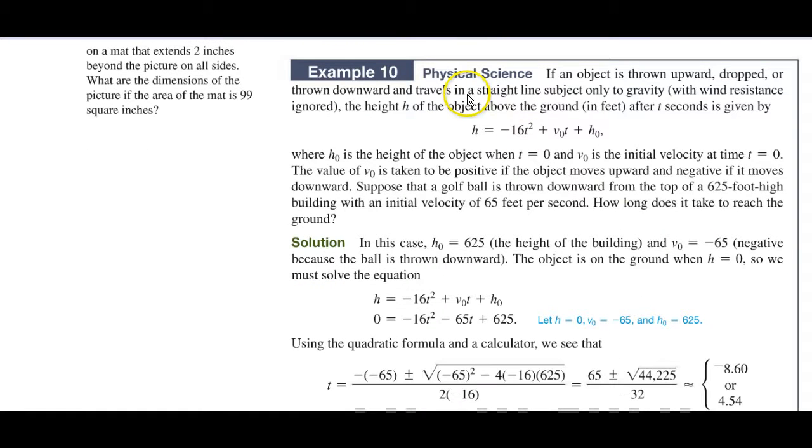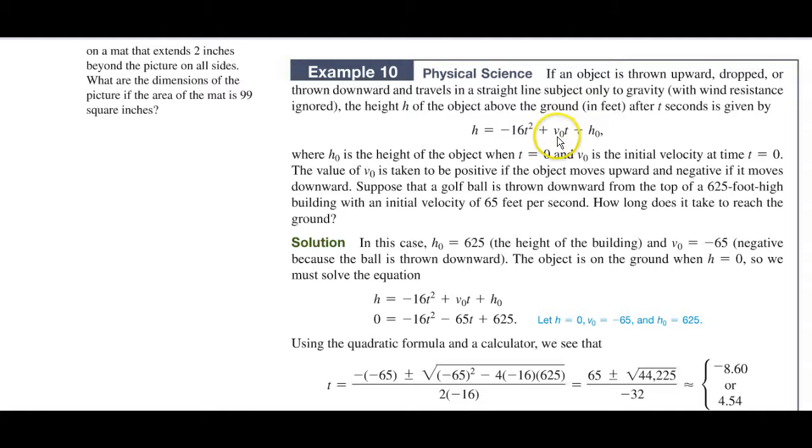All right, we also use these type of quadratic equations in physical science, where we're throwing an object upward, dropped, or thrown, and we assume a number of things, but this is the formula we end up with. Some of these letters may be a little strange to you.